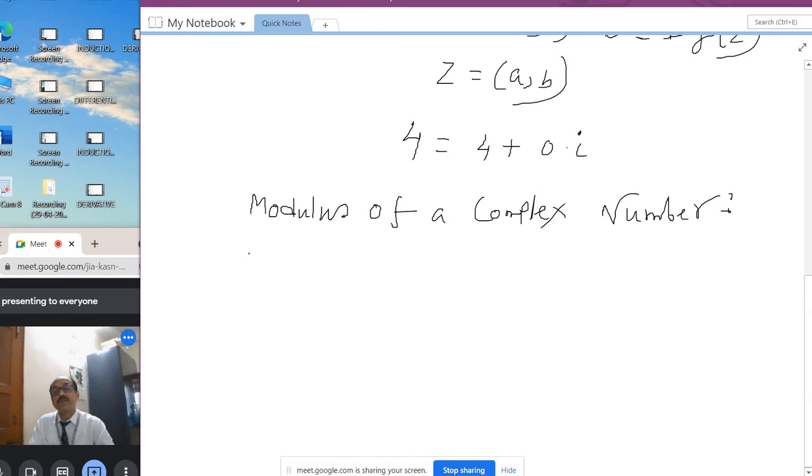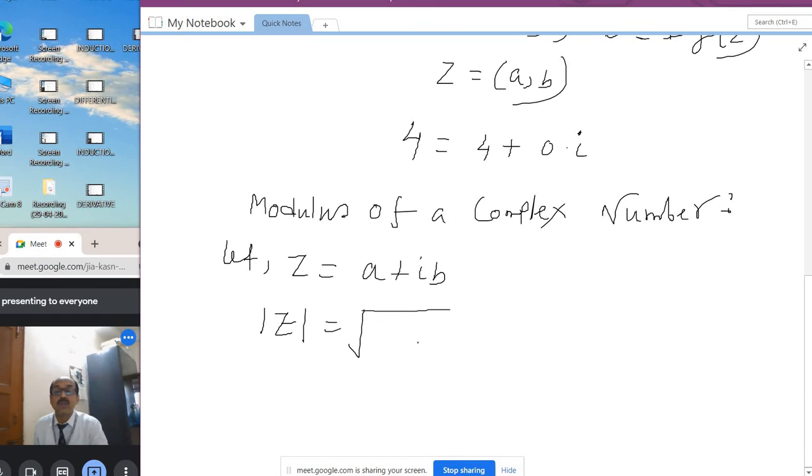So let z equal a plus ib be any complex number. Okay. Then the modulus, or mod z, that is the modulus of z, equals under root a square plus b square.